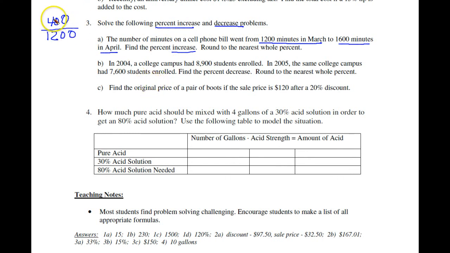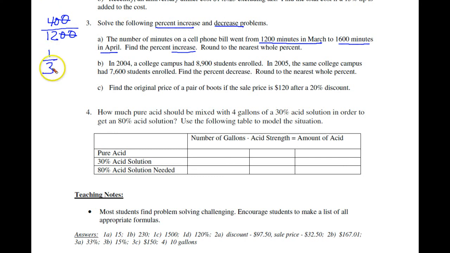Now, this is nice because I can just cancel that out and I get 4 twelfths. Well, what is 4 twelfths as a percent? Well, we can reduce it to 1/3, actually, is what I was looking for there. 4 goes into there once, 4 goes into there 3 times, so 1/3.